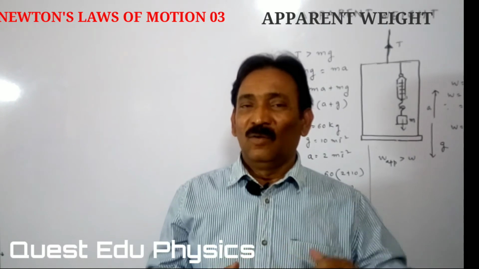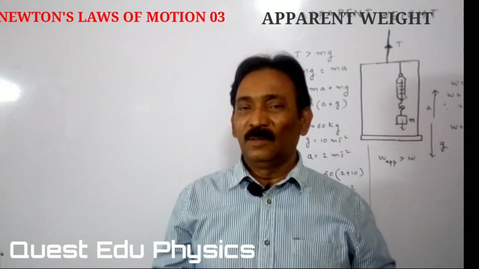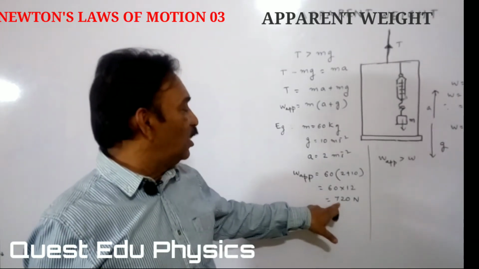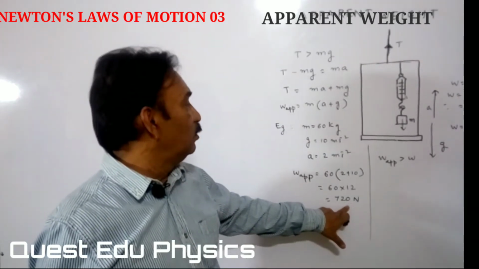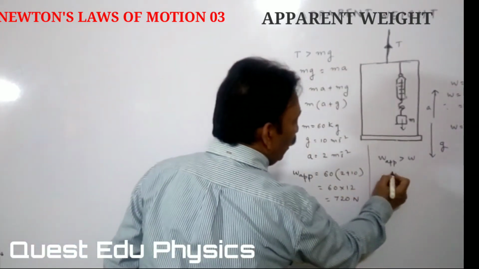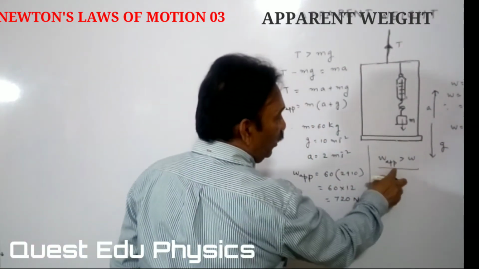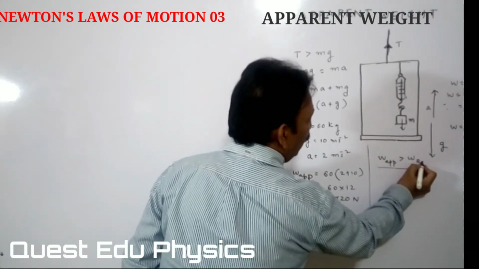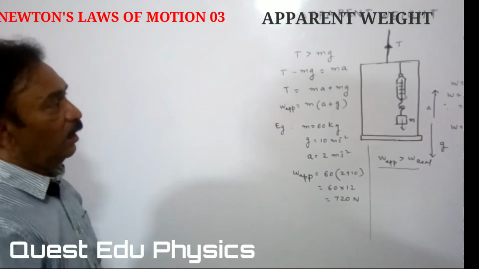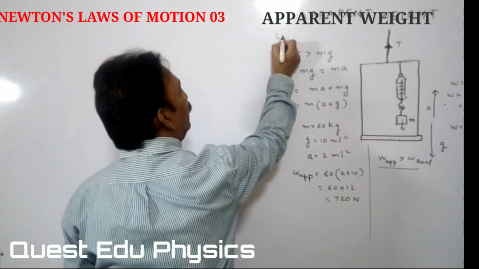Okay, students, when the lift is moving up, the apparent weight, if you take the example, is 720 Newton. In this case when the lift is moving up, apparent weight is greater than the real weight. That is the first example.